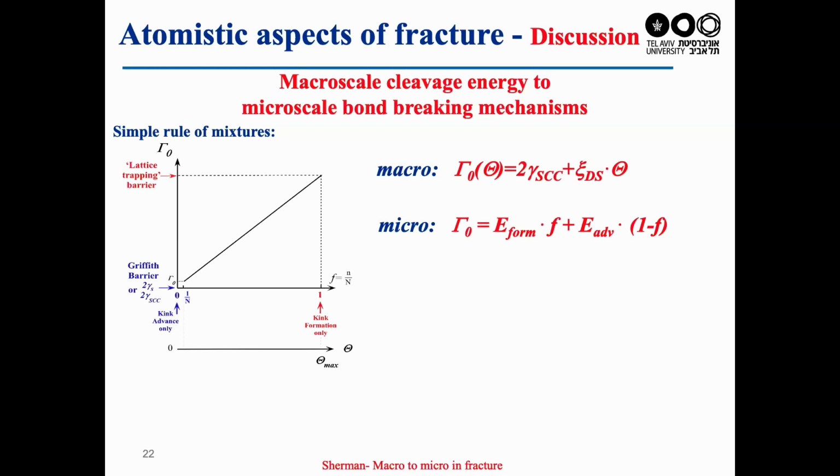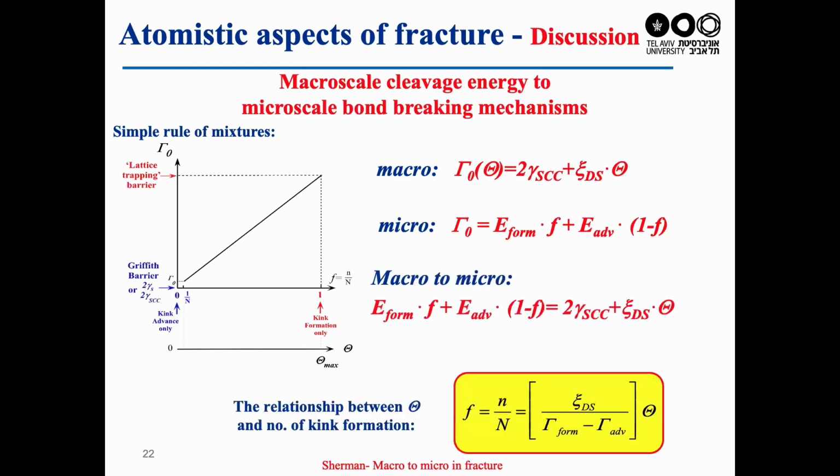And probably much work should be done on it. I don't know if you can see any analytical model. Here we defined F, the relative number of formations, when this exceeds DS and theta, and gamma formation minus gamma advance.